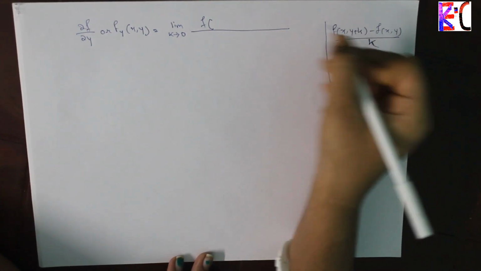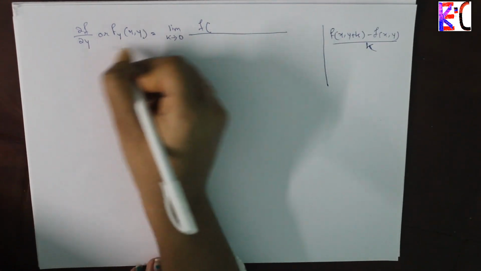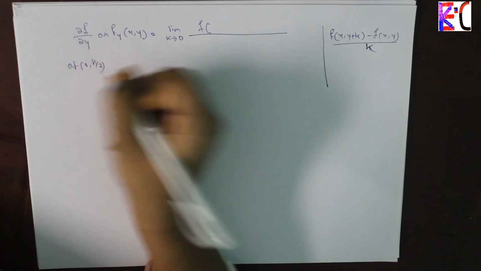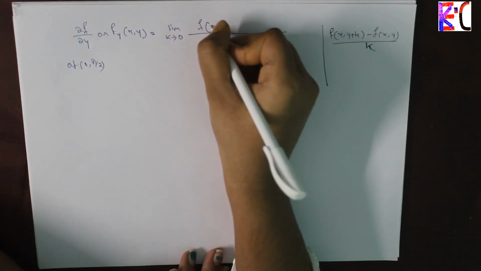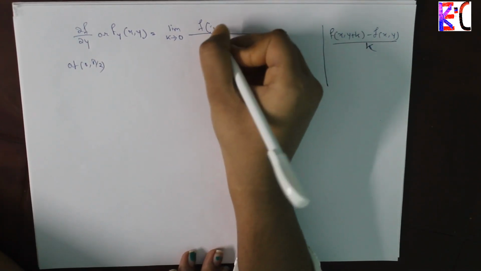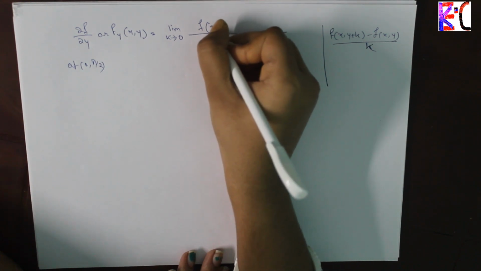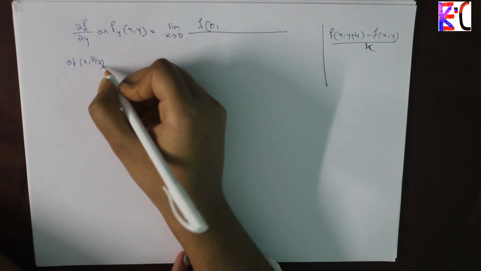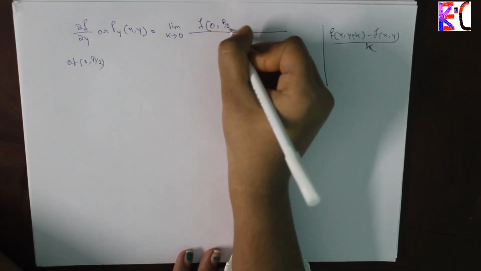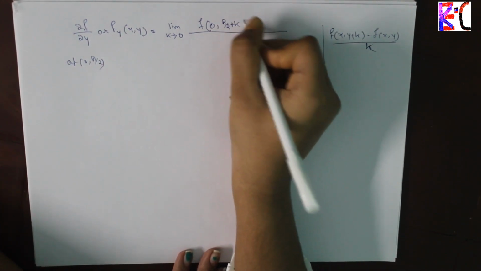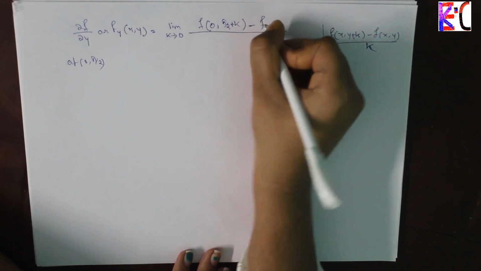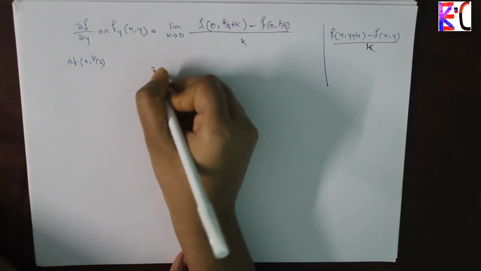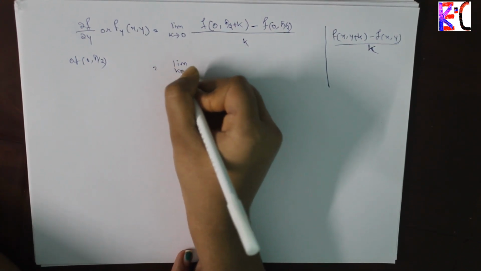Here x is 0 at 0, pi by 2, so put the value of x as 0, comma y plus k. Here y is pi by 2, that's why pi by 2 plus k, minus f of 0 comma pi by 2, by k. Limit k tends to 0.